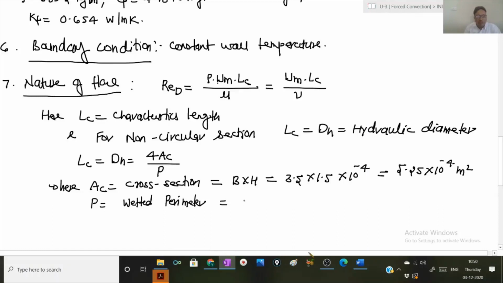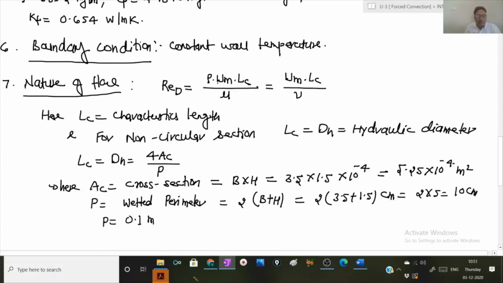So for rectangular cross section, it can be calculated as twice of B plus H. So twice into the value of B is 3.5 and H is 1.5 centimeter. So this comes out 2 into 5 is equal to 10 centimeter. So perimeter comes out 0.1 meter.